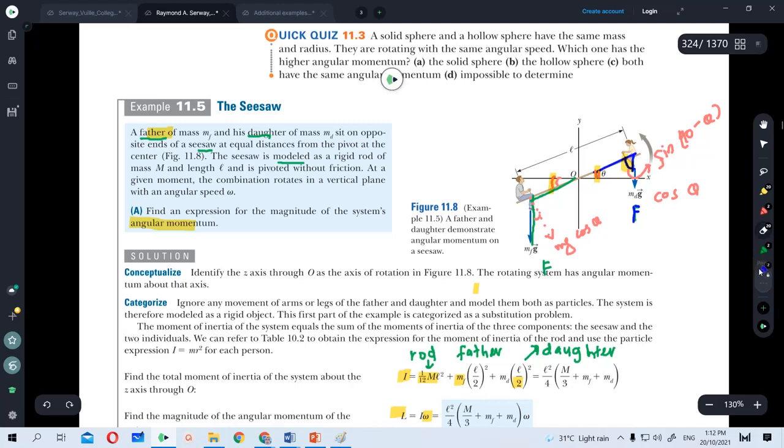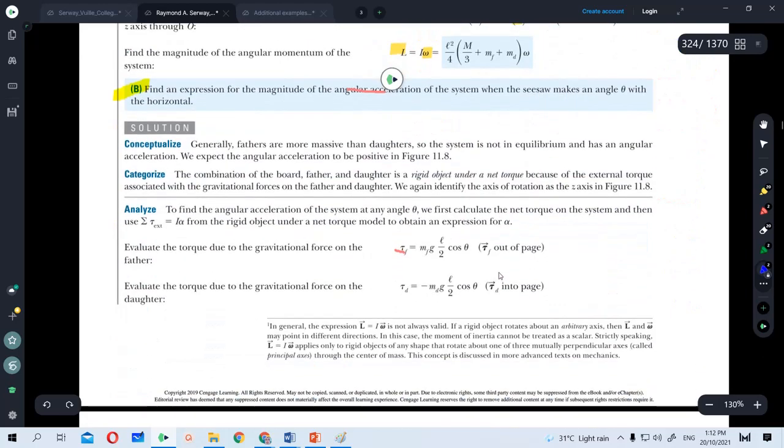Now coming back to the story, what will be the direction of the torque for the daughter? You find that for the daughter, it's supposed to be clockwise, so it's in the negative direction, into the page. For the father, it will be counterclockwise, and hence the torque is a positive value, out of the page.